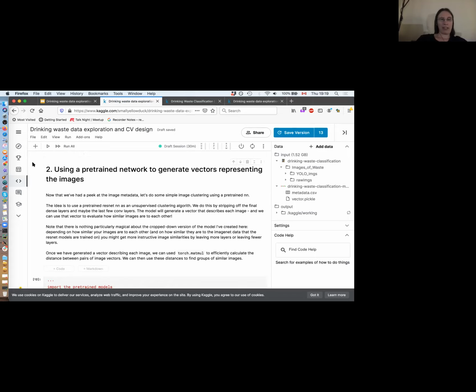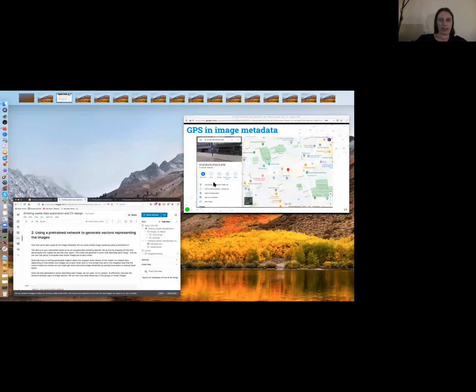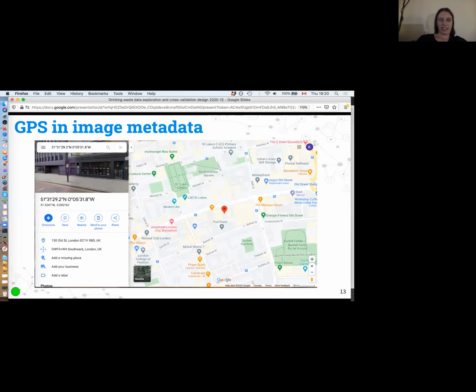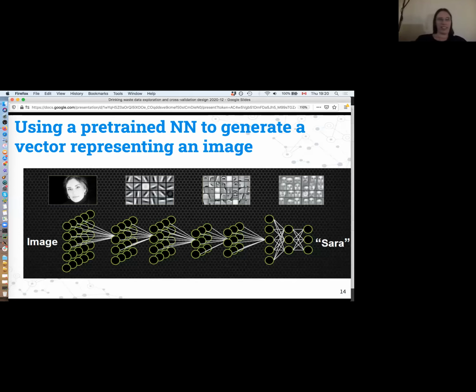All right, so now we've had a gander at the metadata. What we'd like to do is use a pre-trained neural network as an unsupervised algorithm to generate vectors representing the images. For this, I'm going to hop back to the slides. This is the standard picture of what a convolutional neural network is doing. The low levels of the network construct filters that find edges, and the higher layers can do things like find faces.